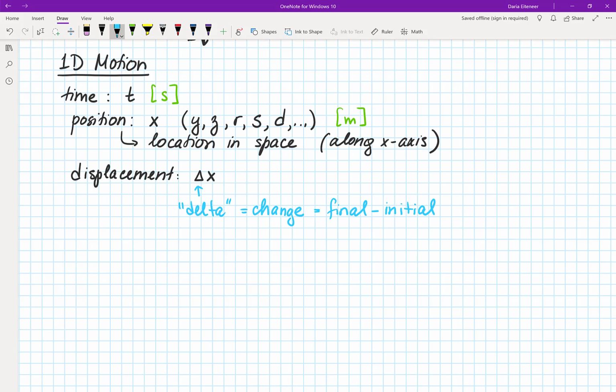Final value minus initial value. So if I write delta x for displacement, I can also say that this is x final minus x initial. I'm not going to really box this. It's not an actual equation per se, but it is a definition. This is how we find what displacement is. We find the difference between a final position and an initial position. So we're going to call this change in position.